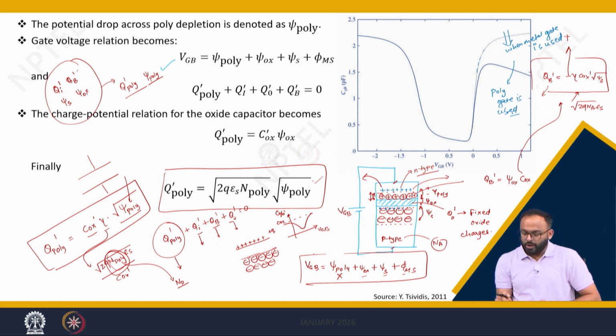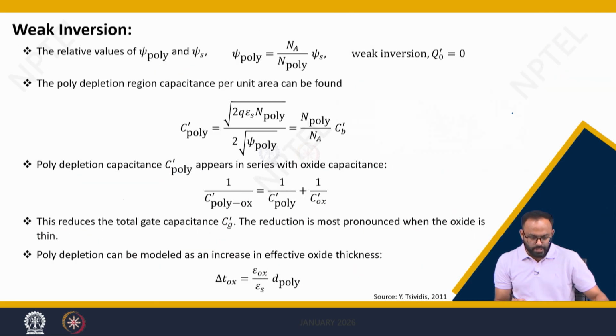Now, let us see how this affects the operation of the MOSFET when we operate it in either weak inversion or strong inversion. Let us discuss weak inversion first. We know that in weak inversion the gate voltage is such that you have depletion and you are just at the boundary of creating inversion, correct? At that condition we can comment on threshold voltage.